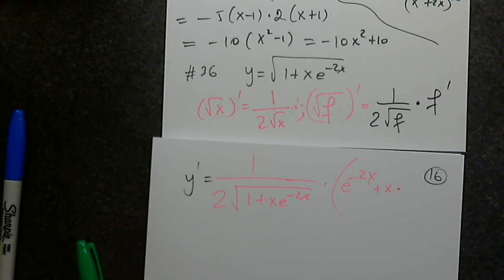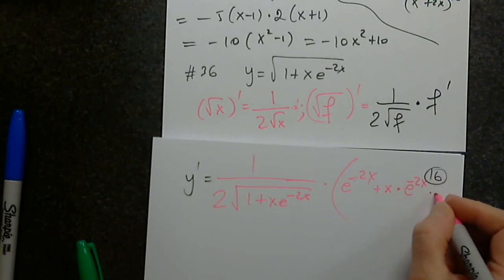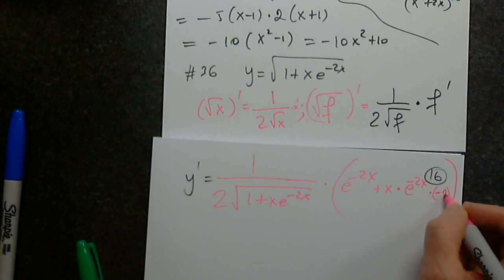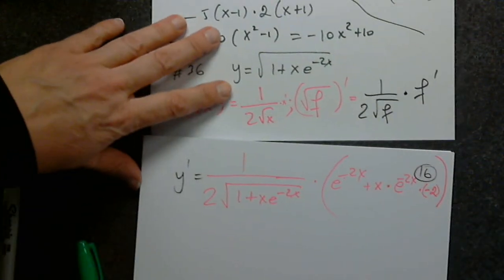I have to treat it as a function, as -2x. So times e to -2x multiplied by the inner function prime. Very good.